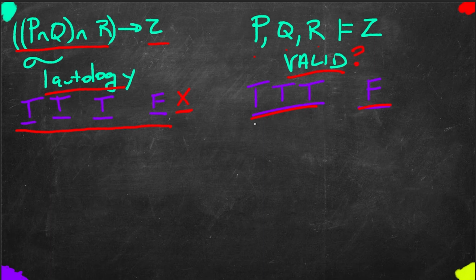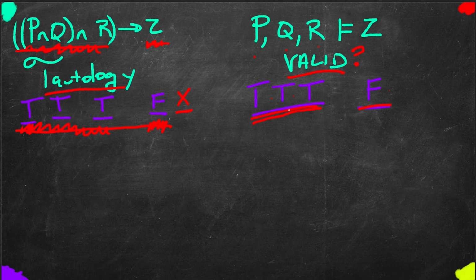That is, can we assign truth values to the letters where P is true, Q is true, R is true, and Z is false? Well, if you look, in assuming that this formula is a tautology, we said that P, Q, and R can't be true and Z false.